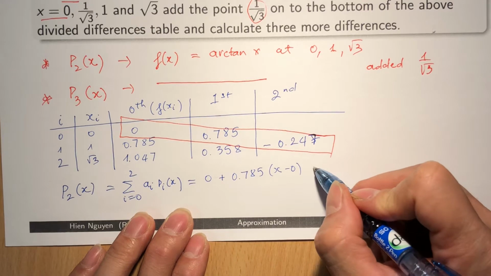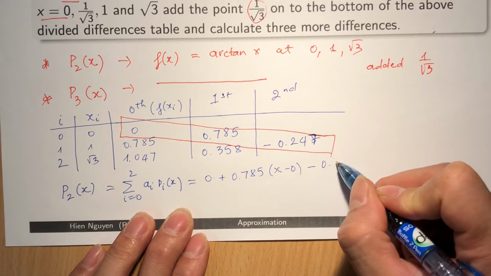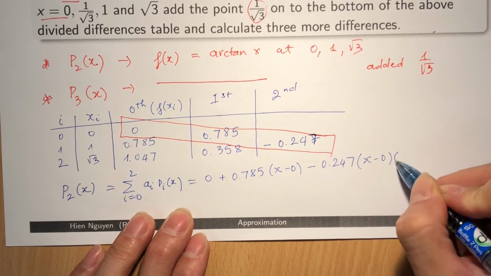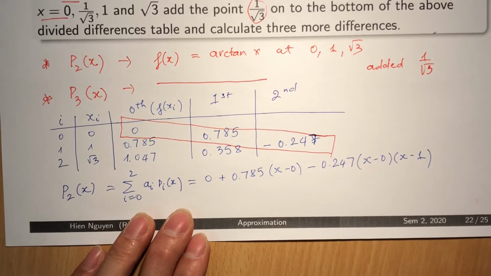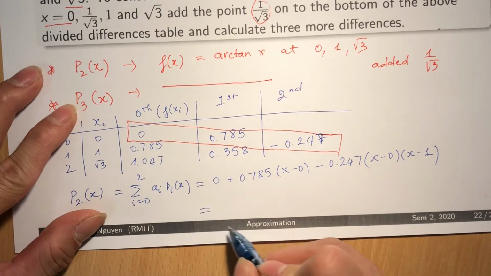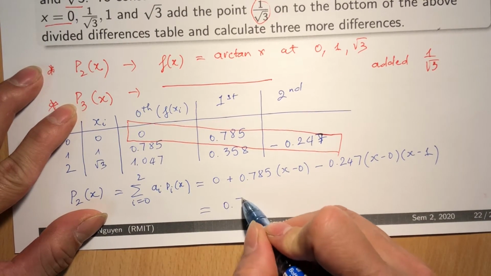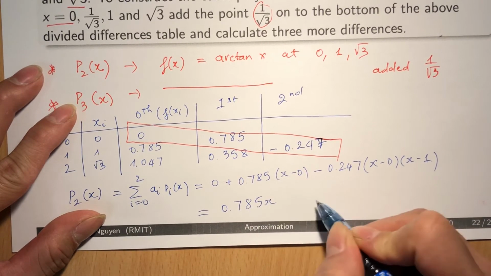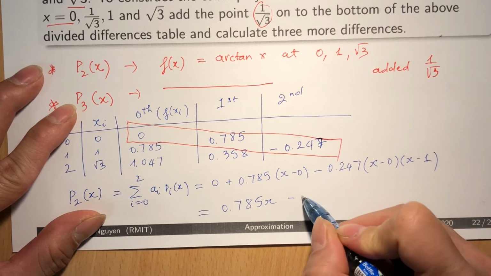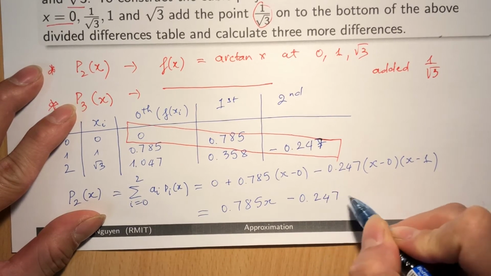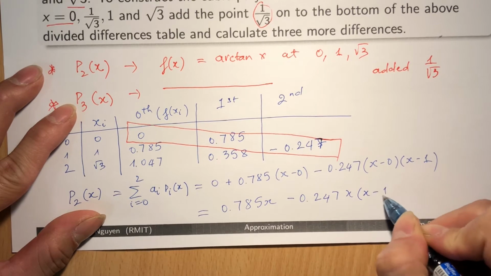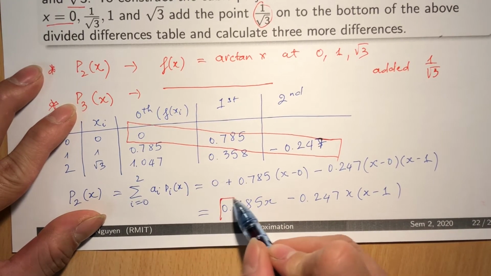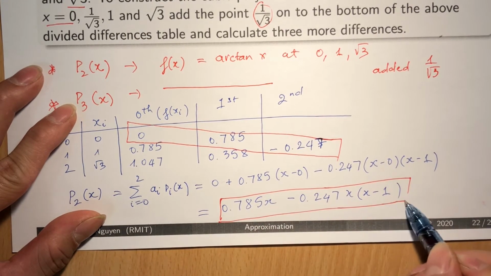So the third one is minus 0.247 times (x minus 0)(x minus 1). So this one equals 0.785x minus 0.247x(x minus 1). So this is the first part of the question.